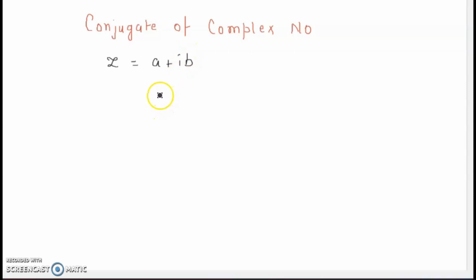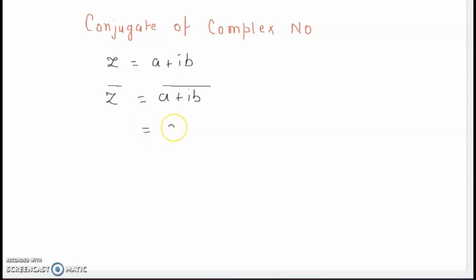Now, first of all, you should know how we denote conjugate. Conjugate we denote by z with a conjugate sign, so I just need to mark the conjugate sign over here also. And conjugate means, between the real part and imaginary part, whatever sign is present, you just need to reverse that sign.